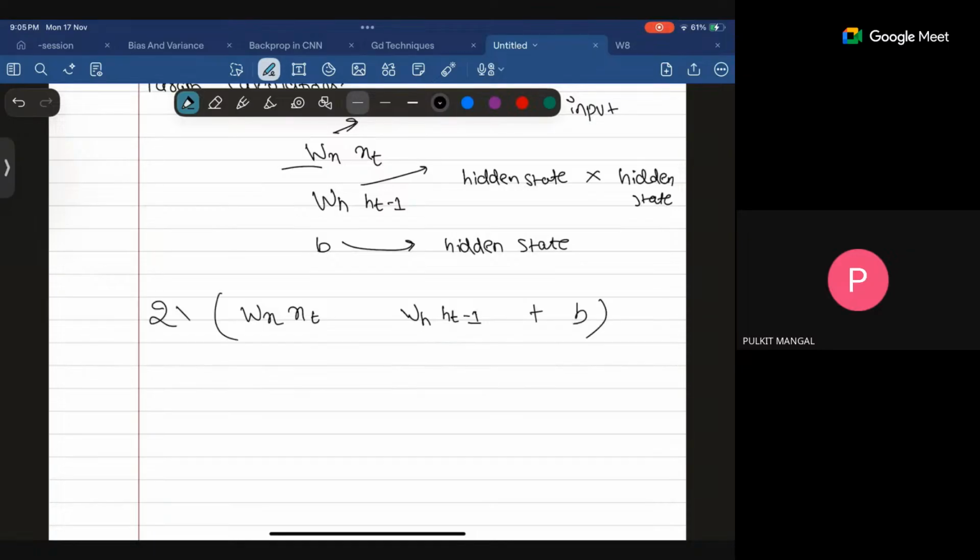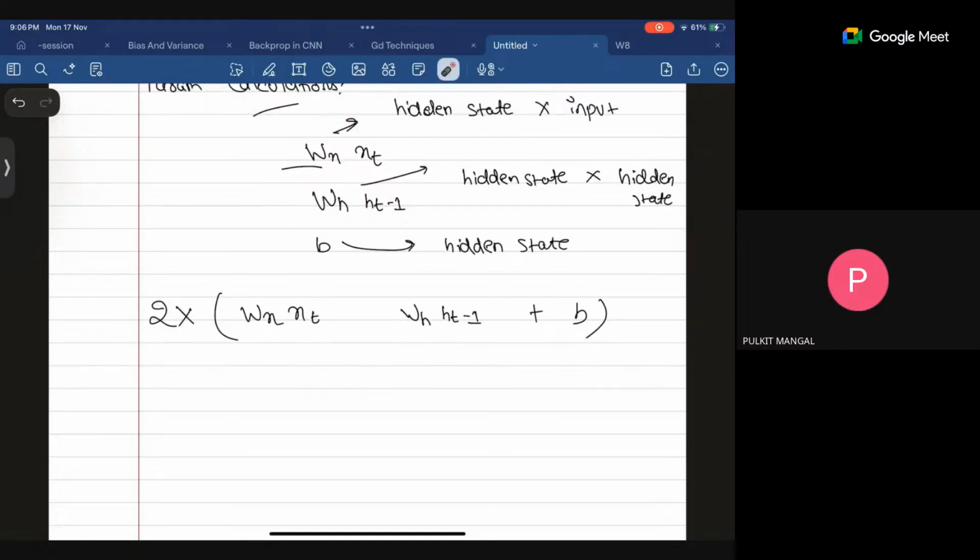Now this will be just multiplied by 2, because you will have one for the forward direction and one for the backward direction. So whatever the number of parameters that you calculate assuming just the one-directional case, you can just multiply it by 2 to get the number of parameters for a bidirectional RNN. So parameter calculation is simple if you know how to calculate the parameters for a one-direction RNN. You just have to multiply it by 2 because you need to account for the second direction. That's all.